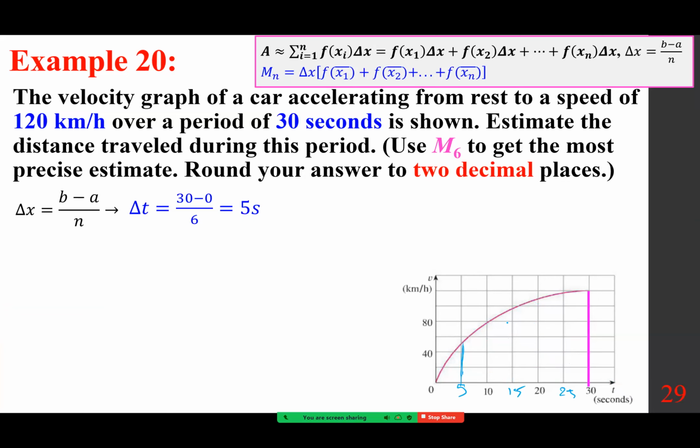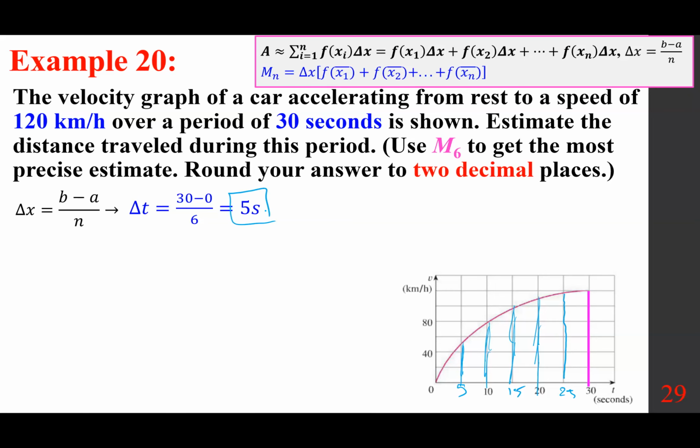So please understand, there are 6 subintervals, all of which have the same delta x, in this case delta t, 5 seconds. So the width is constant. It makes it easy. Now, if I want to calculate the area for each one, I can approximate it.